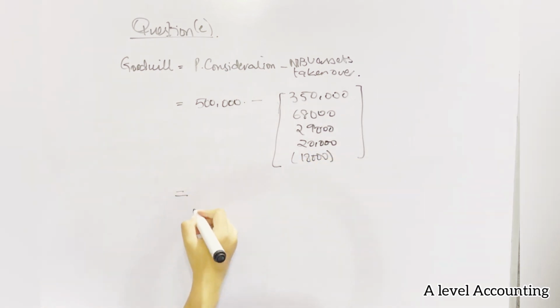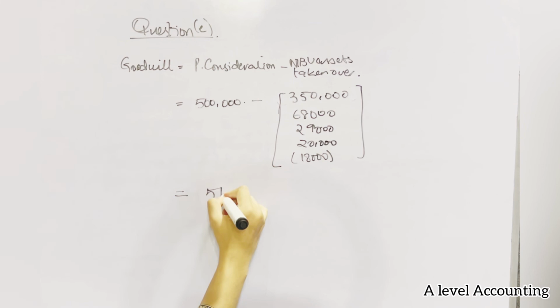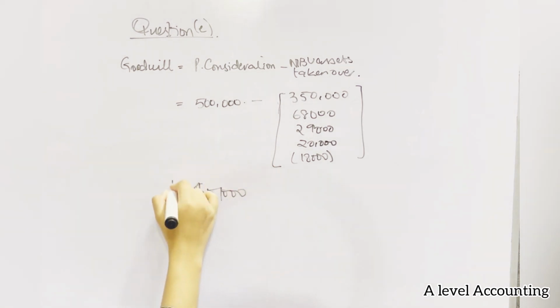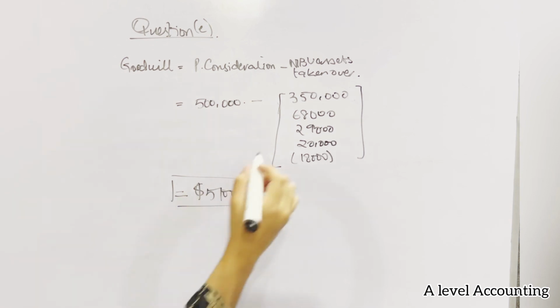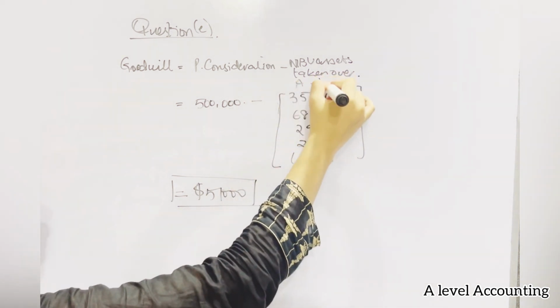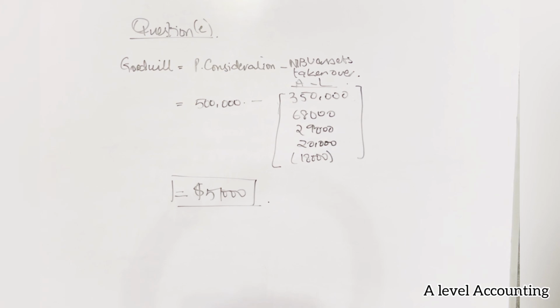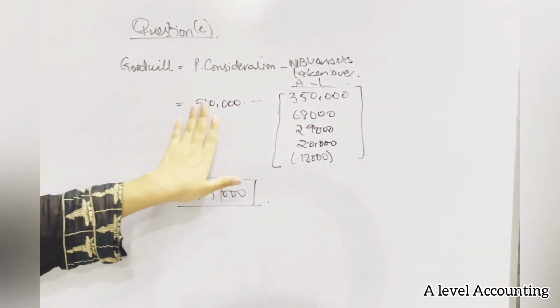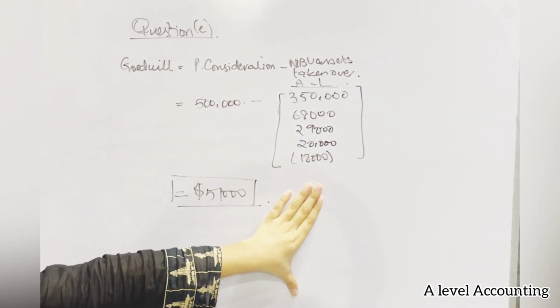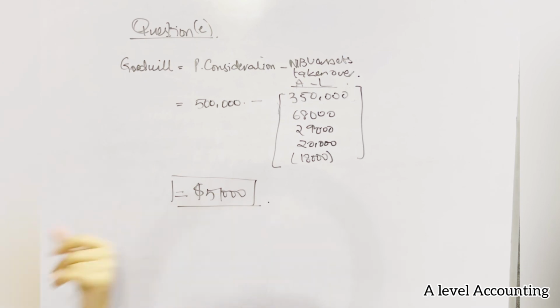So hence the answer will be 51,000, which is basically your goodwill amount that you were supposed to calculate. It's an easy formula. You were subtracting 18,000 because we take the net book value of assets taken over, which are basically the assets less the liabilities. So that is how you are supposed to do it. So 500,000 minus all the assets taken over minus the liabilities gives you the goodwill amount.